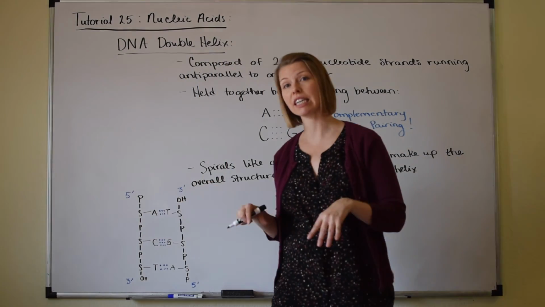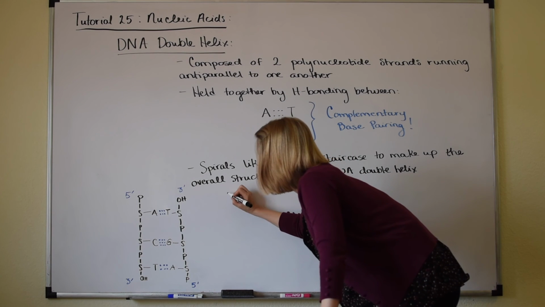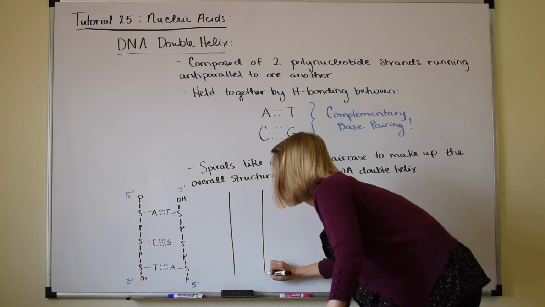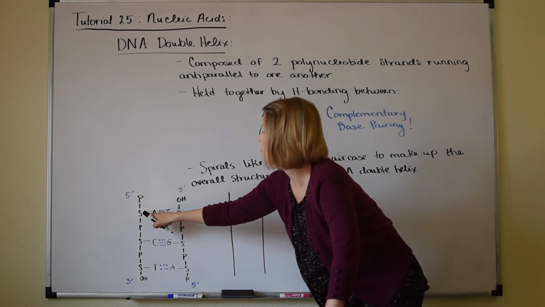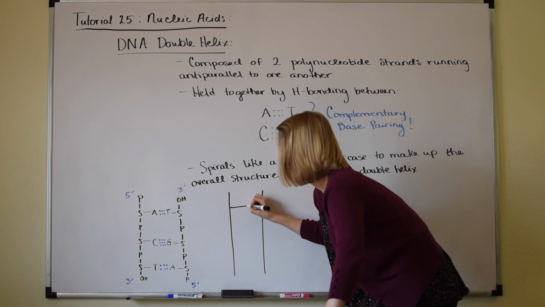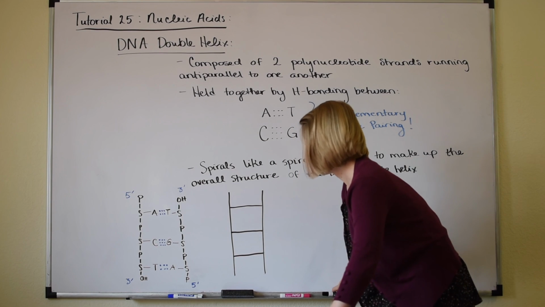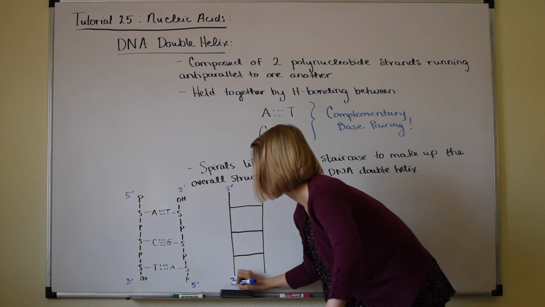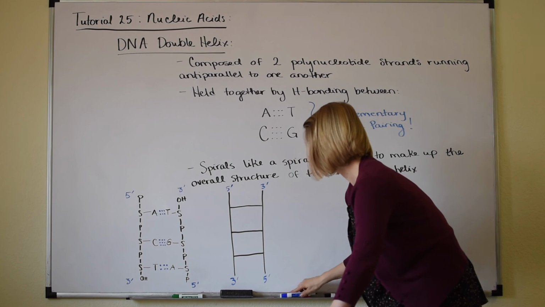And so you'll often see the DNA double helix depicted as a ladder, where the phosphate sugar backbones are the sides of the ladder, and then the bases that are complementary base pairing are the steps of the ladder. And again, these are anti-parallel, so this would be 5' to 3'. That means this would have to be 3' to 5'.